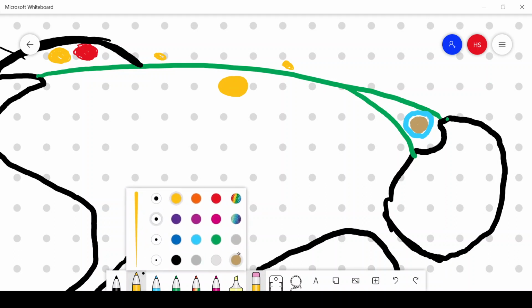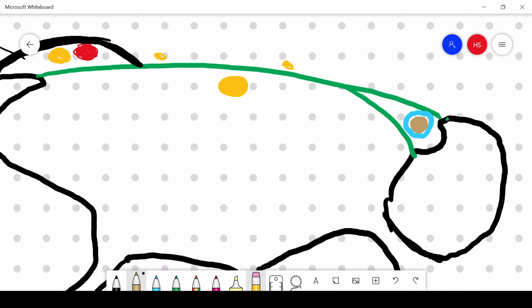Then there will be a total of 9 tendons. Which tendons are going to be here? There are going to be two tendons of flexor digitorum superficialis.